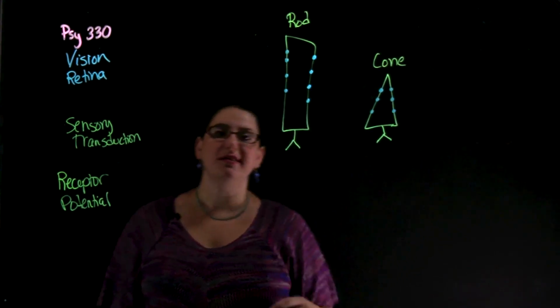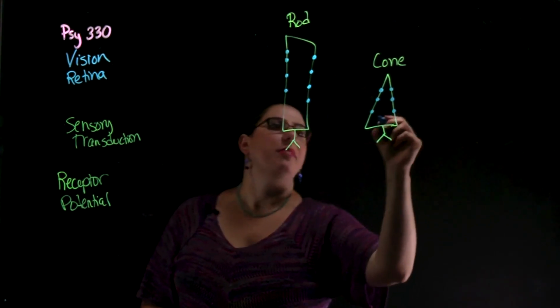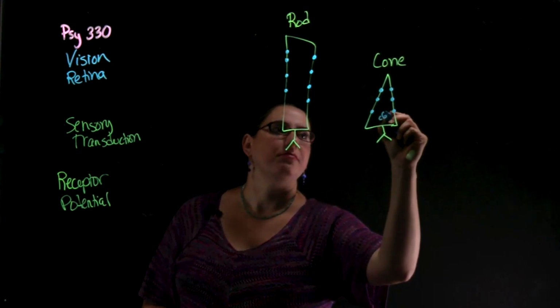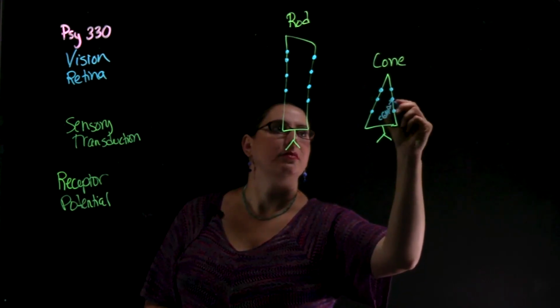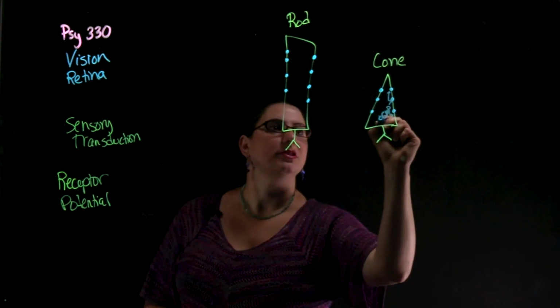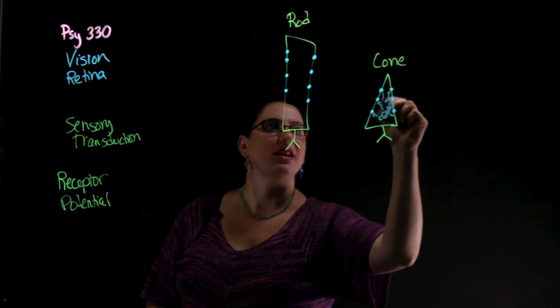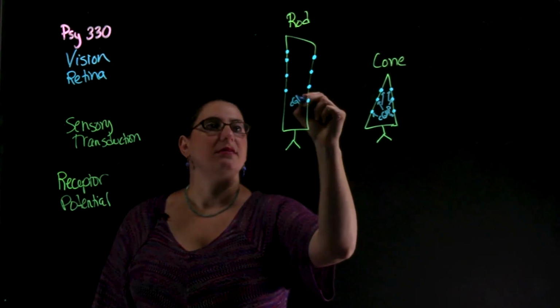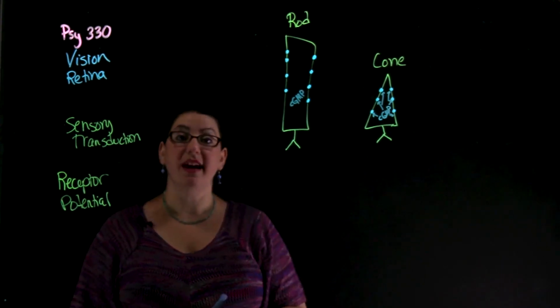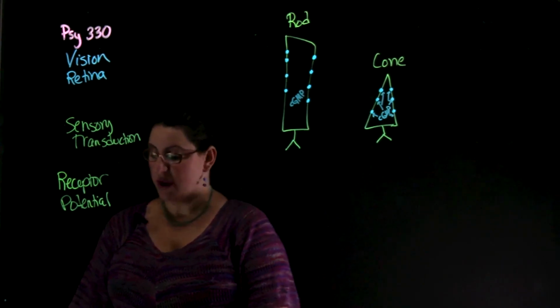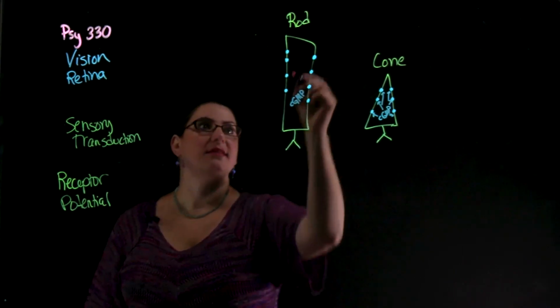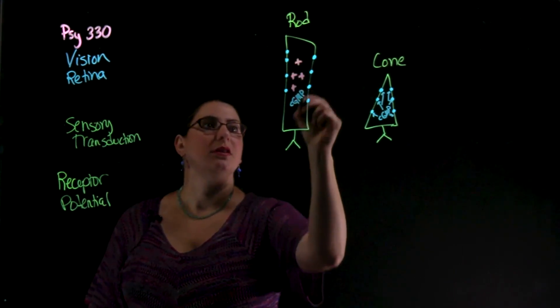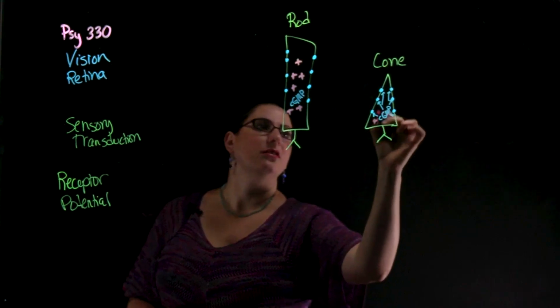And these channels are being held open by cyclic GMP. So cyclic GMP is holding open all of these cation channels. That means that in the dark, we have a bunch of positive ions entering the rod or the cone.